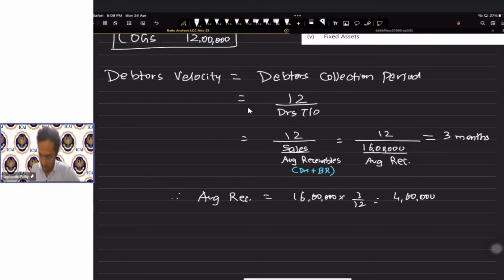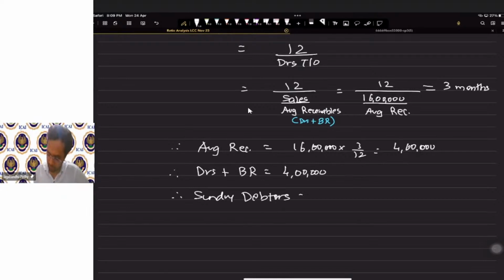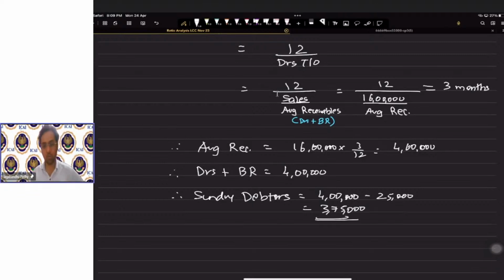Now this average receivables is actually debtors plus bills receivable of 4 lakh. So the amount of sundry debtors will be 4 lakh minus 25,000, which is 3 lakh 75,000. This is the amount of sundry debtors, right?